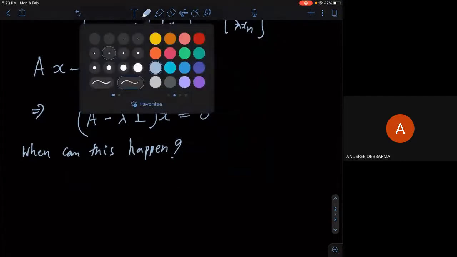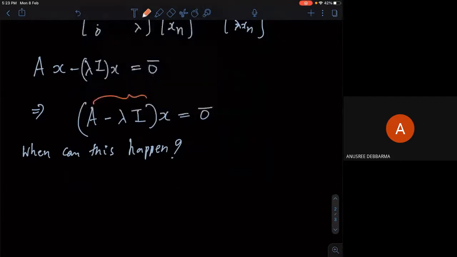You can think of this as a matrix B. And I'm asking, when can Bx be equal to 0? When can this happen?